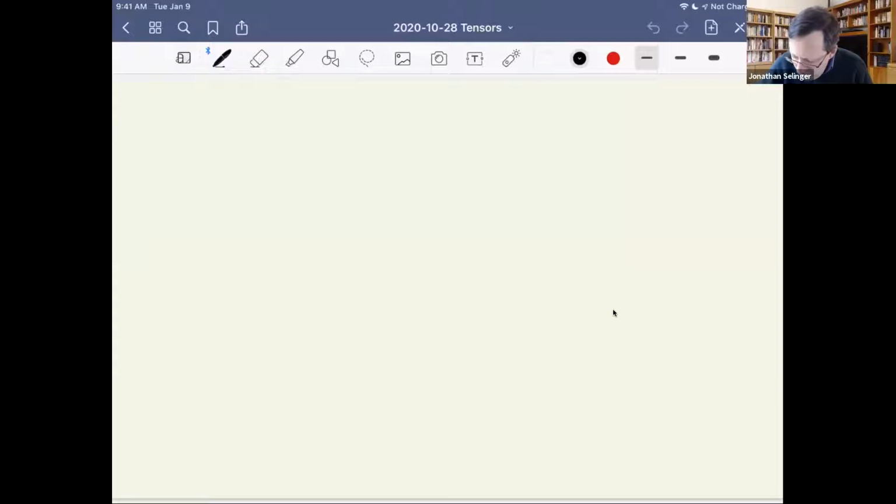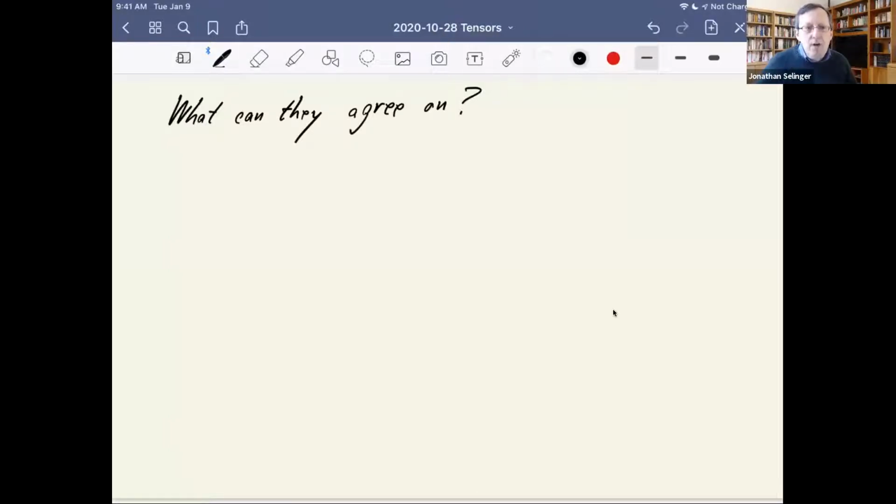So the question is, what can they agree on? That is, what is independent of their choice of coordinate system? Well, one example is they can agree about the magnitude of vectors.